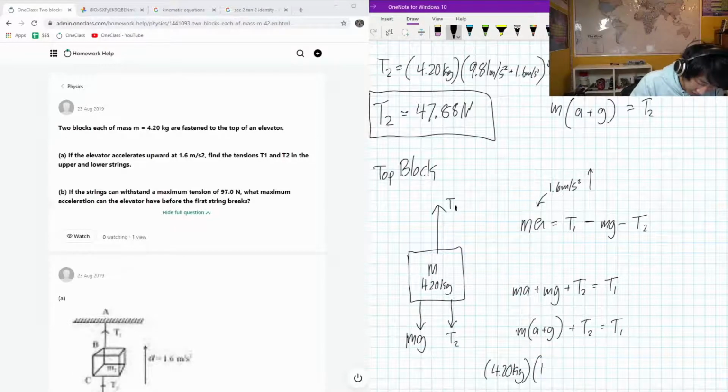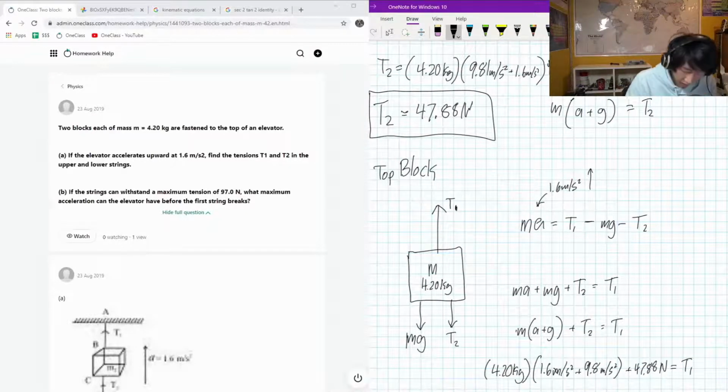Our acceleration upwards, 1.6 meters per second squared, plus 9.8 meters per second squared, plus T2, and T2 was 47.88 newtons, and that's equal to T1, and I have a feeling that this is just going to be double the last one.